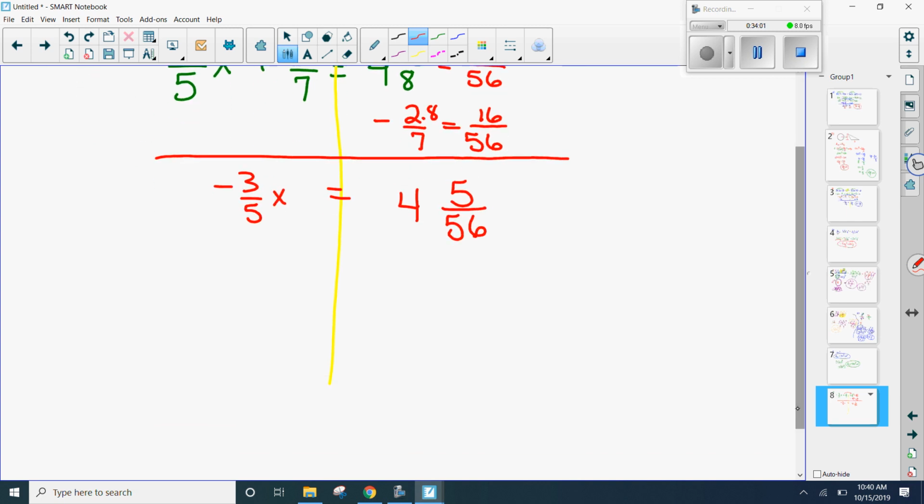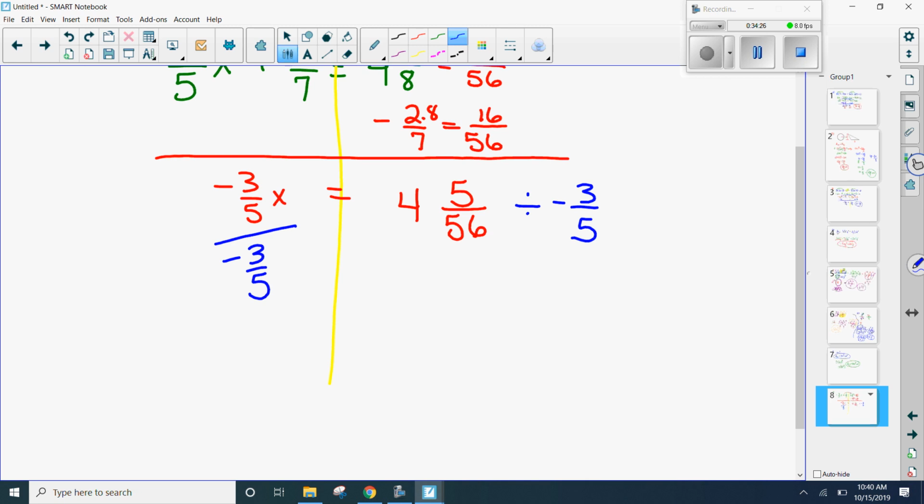Now what do we do? I want to get rid of this negative 3/5, so I have to divide by negative 3/5. How do you divide fractions? Keep, change, flip. First thing has to be what?